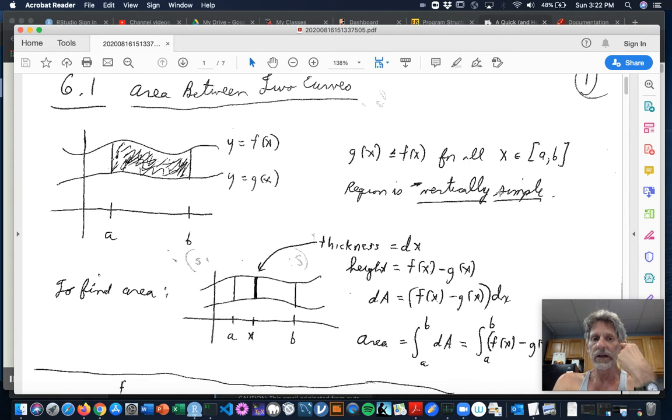And so the idea is that the formula for the top y and the formula for the bottom y aren't going to change on you anywhere over that region from a to b.